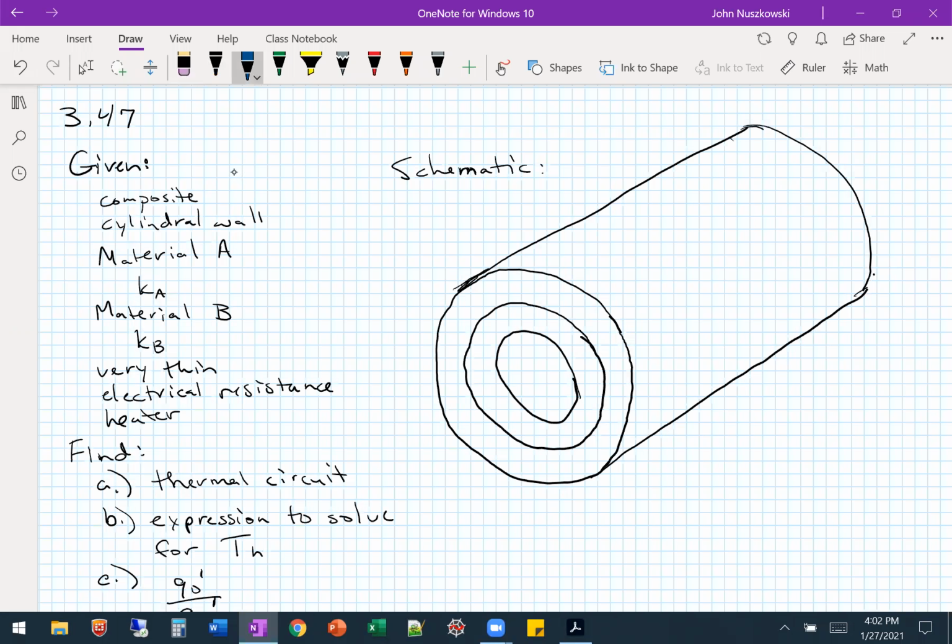Let's put some dimensions in here. So this one is R1, R2, R3.